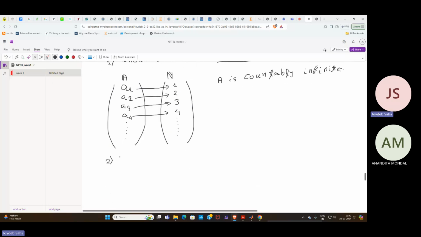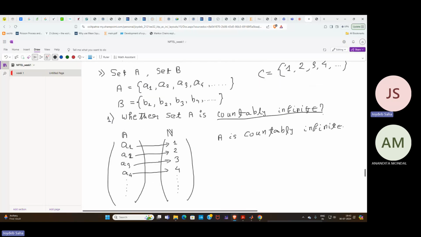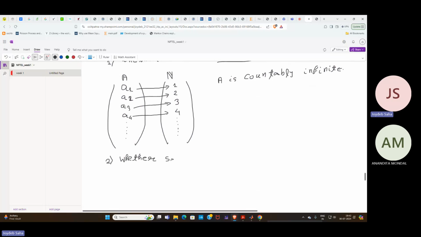The question 2 is whether set B is countably infinite. Yes, sir. Good. Infinite. Okay.